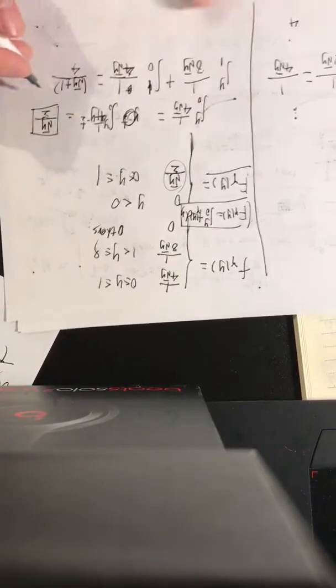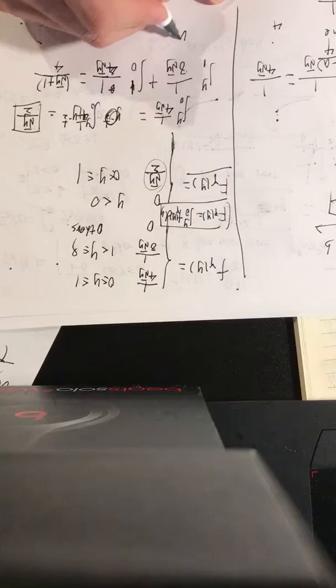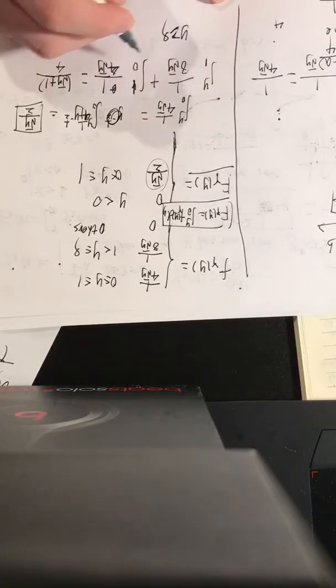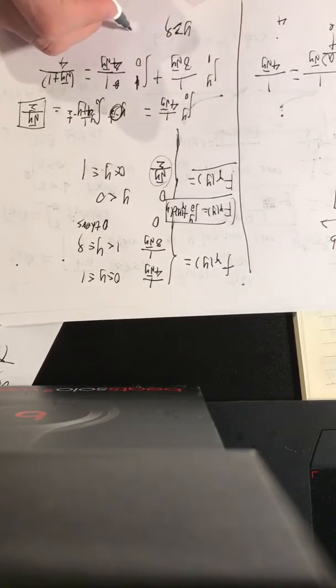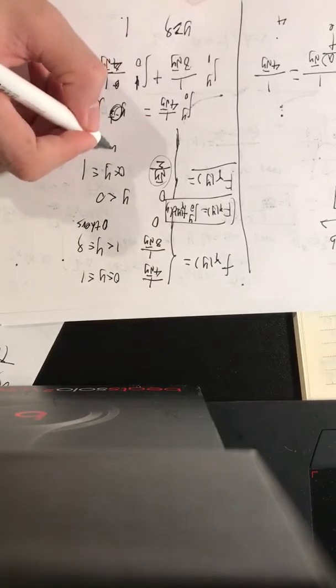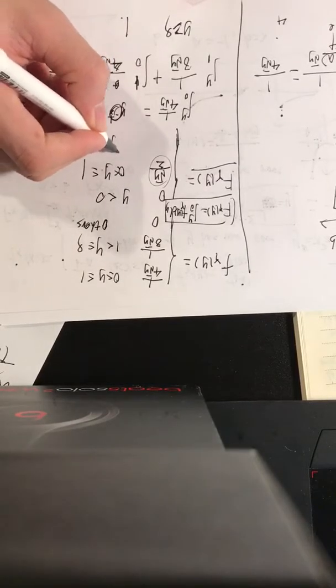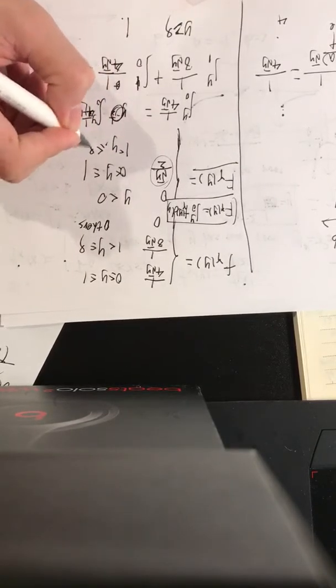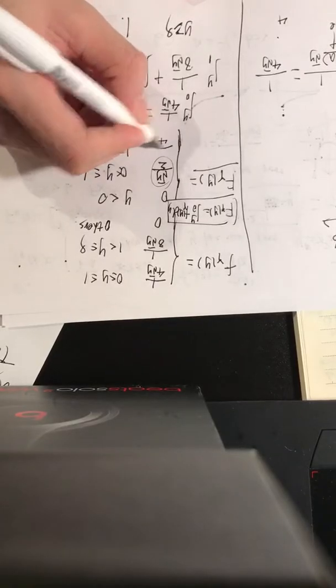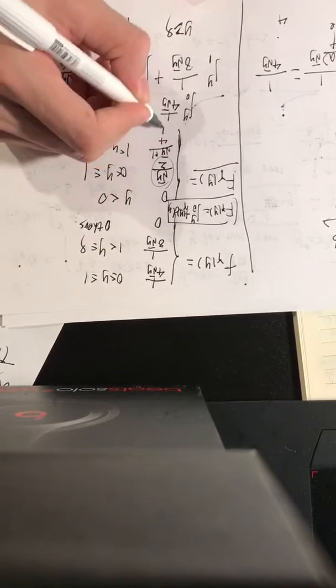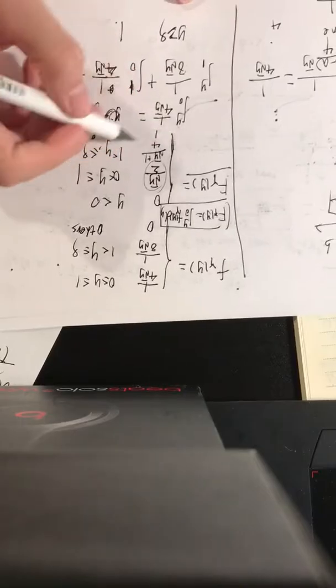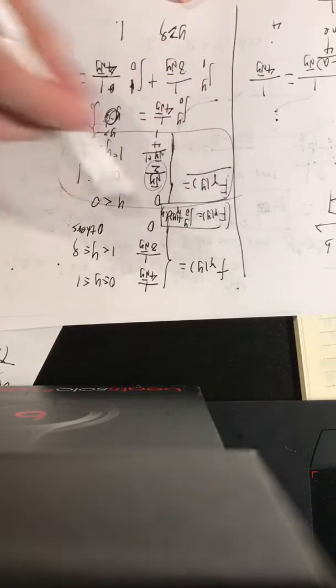It should be like this, and if y is bigger than 9, the probability should be 1. So here we can get it. So this is what we can get.